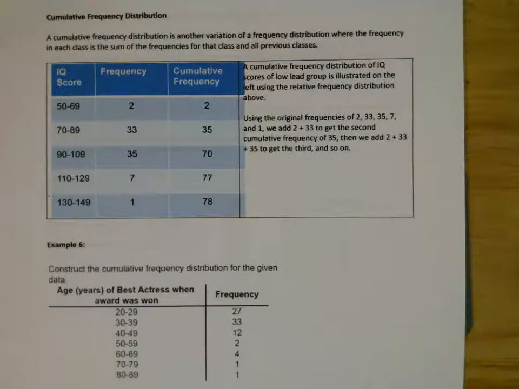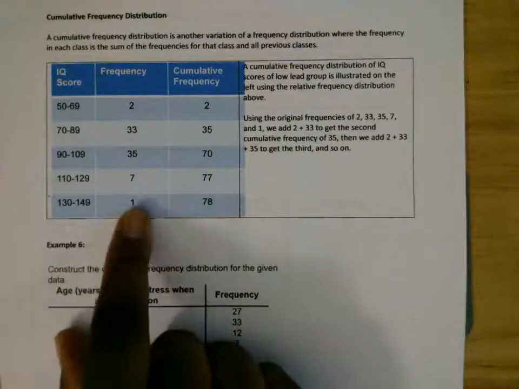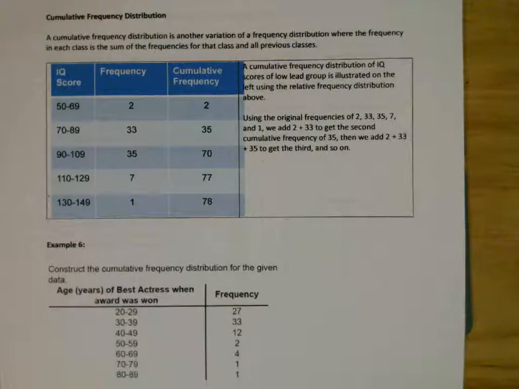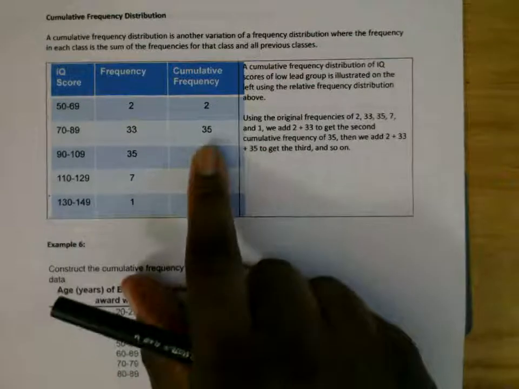Okay, so we take that frequency distribution for the IQ score of low lead groups here. You'll see the IQ score and the frequency.